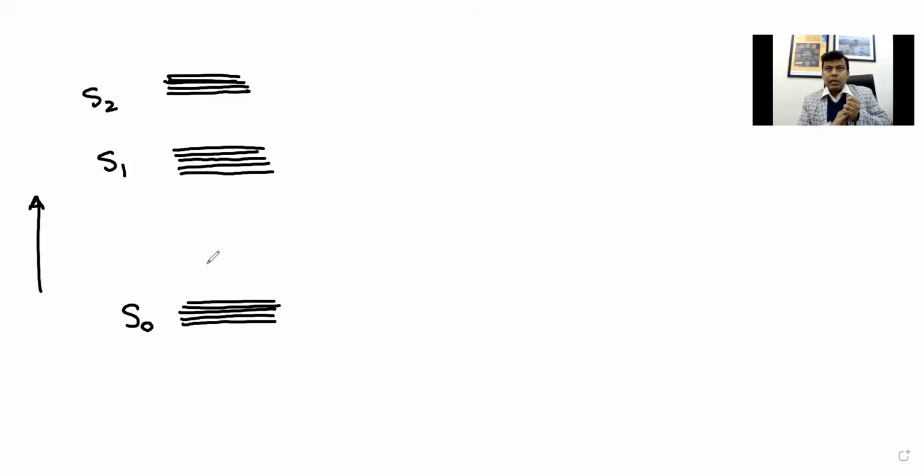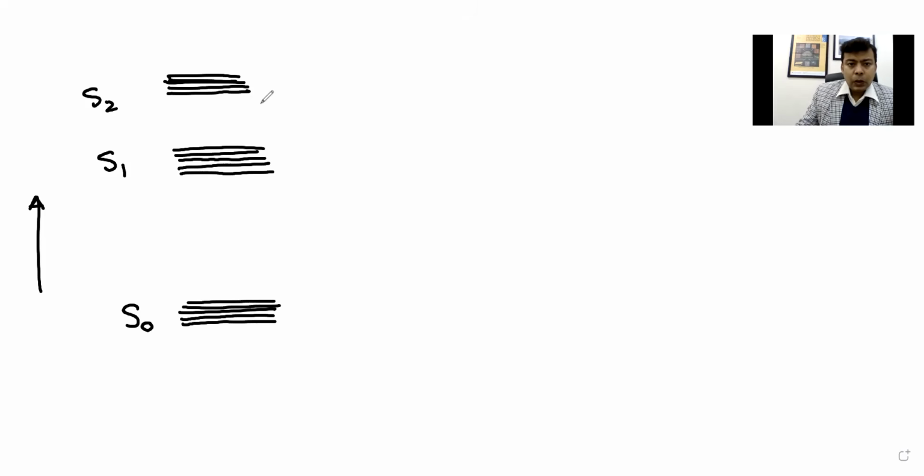Okay, that set of those processes are much slower compared to the electronic excitation. Okay, this is what is known as the Franck-Condon principle. The electronic excitation is much faster compared to any movements through vibration or even translation and other events.